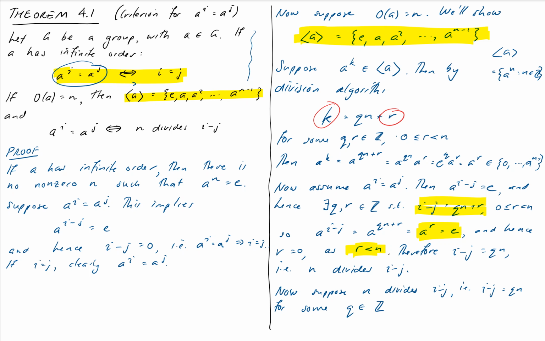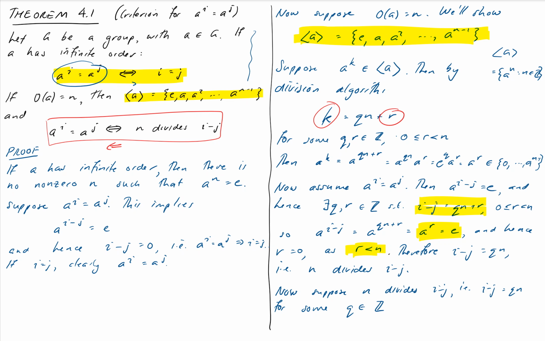We've shown the other direction already. We're now attempting to show the opposite. So I'm assuming that n divides i minus j, and I need to demonstrate that a to the i equals a to the j. Once I've done that, I've put all the pieces together and I've proven the entire theorem.